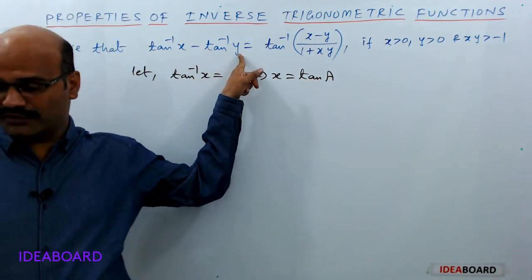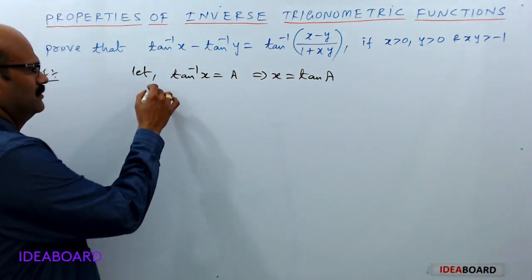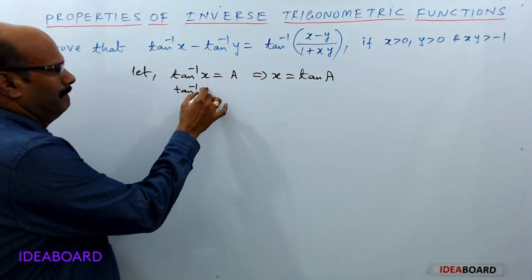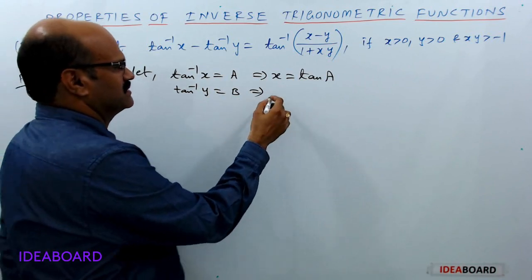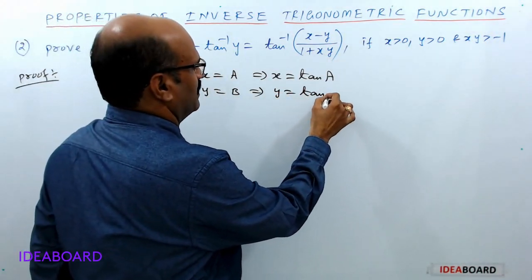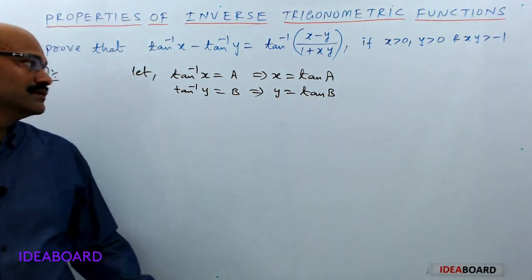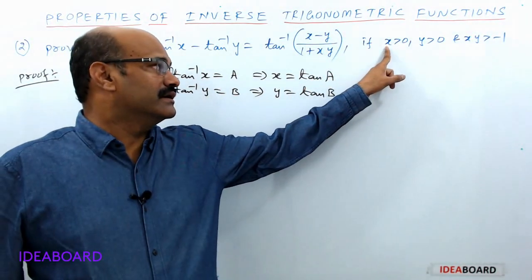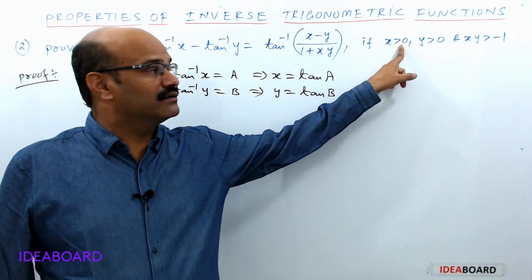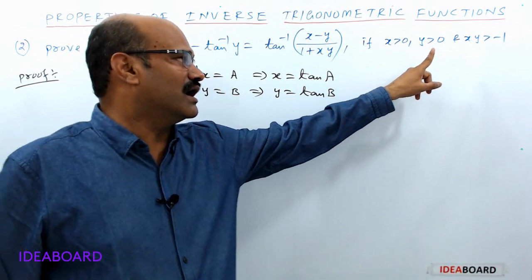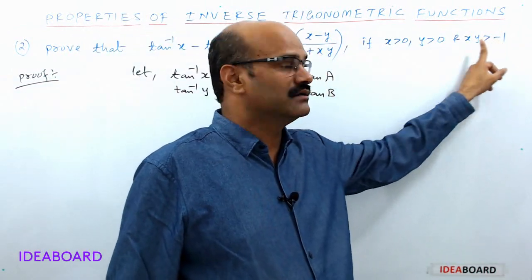Tan inverse of y equal to b. It implies y equal to tan b. Now, it's given that x greater than 0, y greater than 0 and xy greater than minus 1.